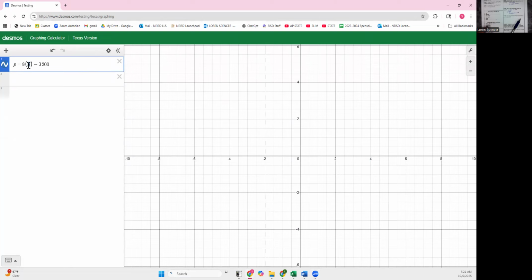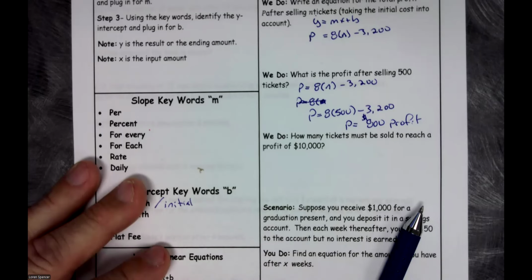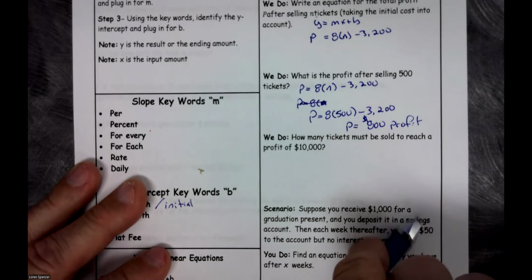We go ahead and plug in our 500 for n, and we find out the profit is $800. So P equals $800 in profit.